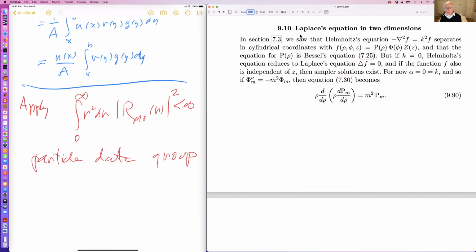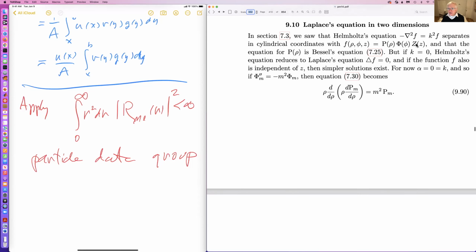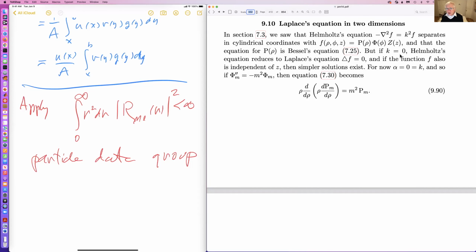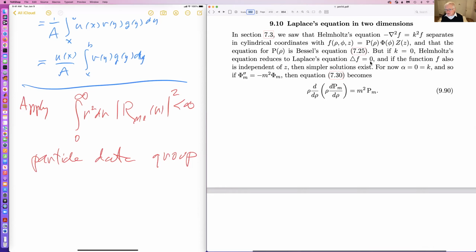So if we go down to 2 dimensions, Helmholtz's equation in cylindrical coordinates separates, and if k equals 0, it reduces to Laplace's equation. If it's independent of z, even simpler solutions exist.